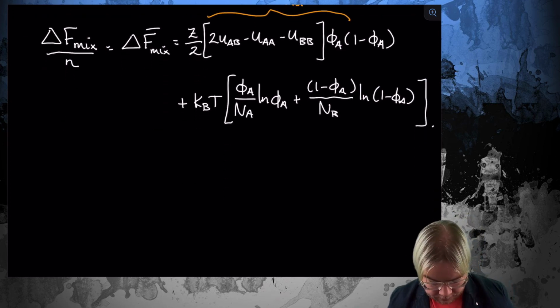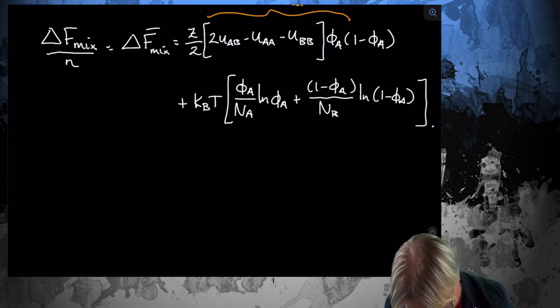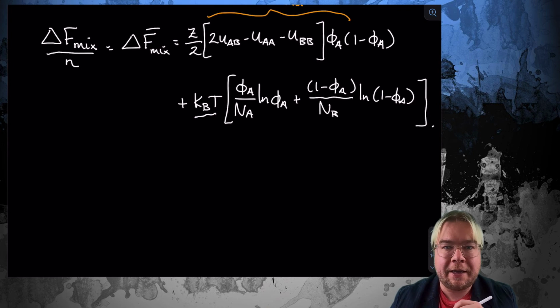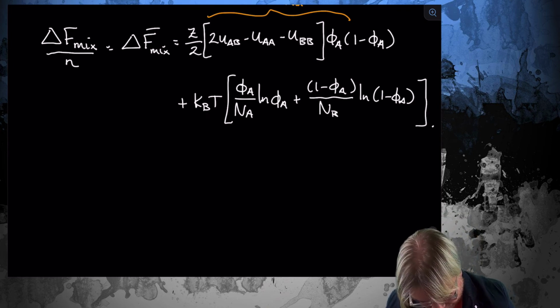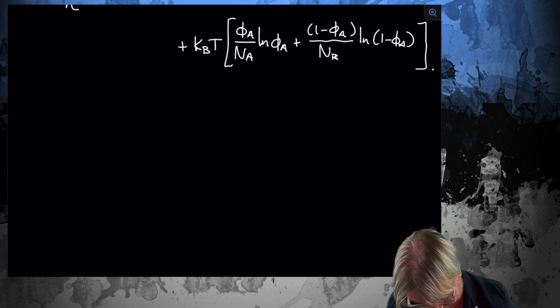One is that I can take that interaction term inside of the brackets with the entropic term. So if you notice, all I have to do is take into account the fact that this has got kBT out front. So if I want, I can divide that interaction term by kBT and take it inside of those brackets.